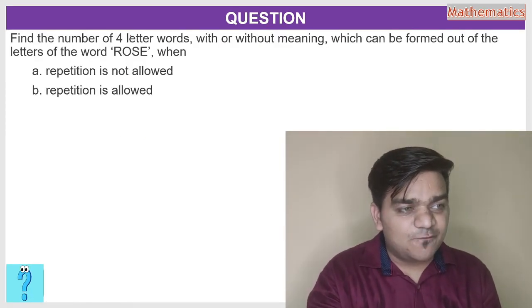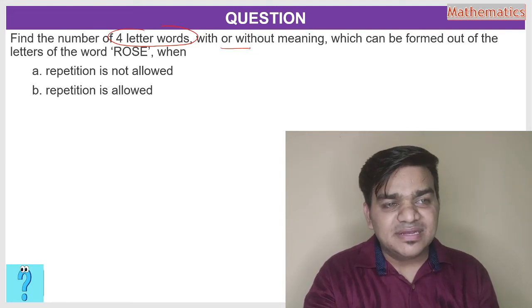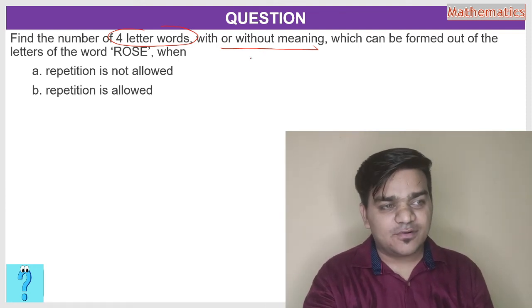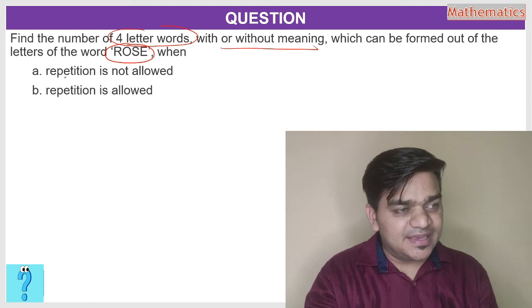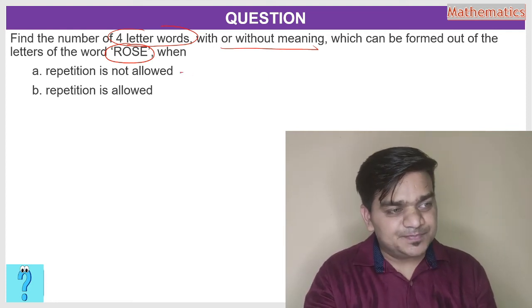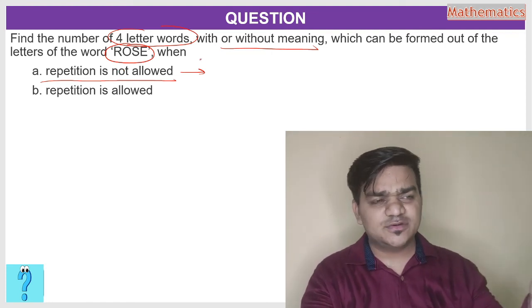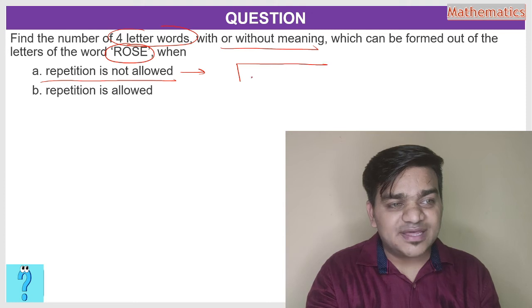One more example we will take. Find the number of 4 letter words, with or without meaning, by using the letters of ROSE. In case 1, repetition is not allowed, which means one letter can be used once only. So what will be the process to form that word?